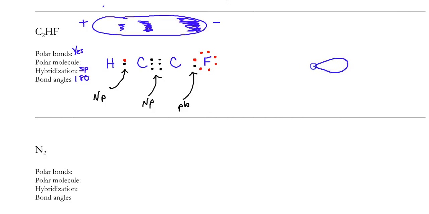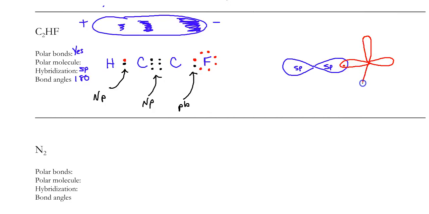There's one sp hybridized orbital, and there's another. Fluorine is a terminal atom. That means I do not need hybridization to explain its bonding. It has 7 valence electrons. It has an unhybridized p that has 1 already, and then it's going to have another unhybridized p.